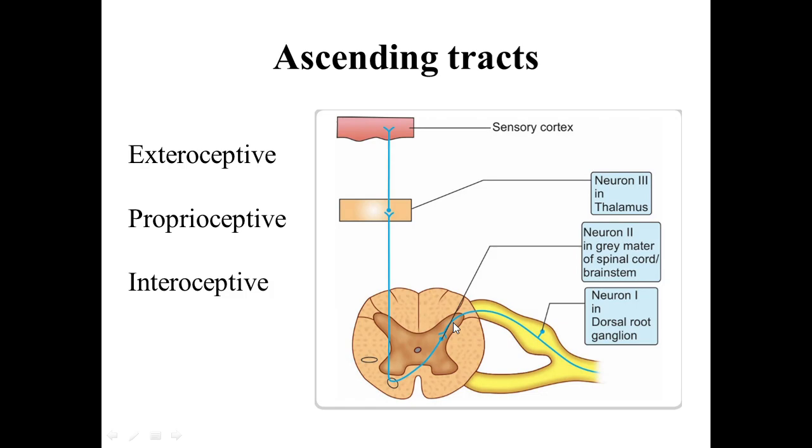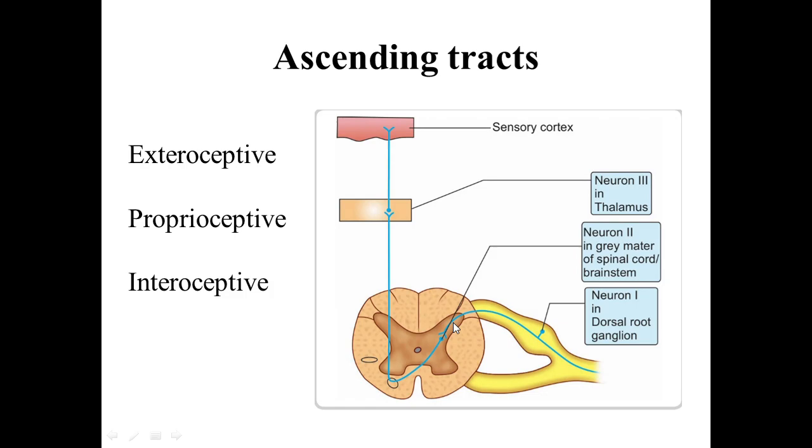Exteroceptive sensations mean pain, temperature, touch, pressure and vibration. The proprioceptive sensations mean sense of posture, joint position and movement. The proprioceptive sensation also consists of muscle contraction and muscle stretch.